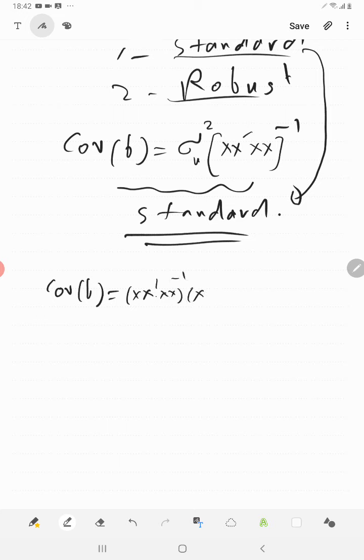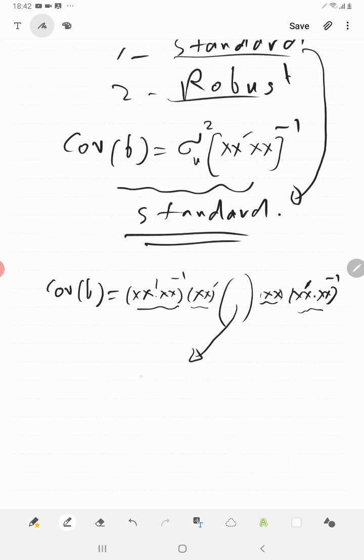Then we take X transpose, then we take X here, then we take X transpose X inverse. This one is the same as this one. Here X transpose, here X. Now this matrix here, we don't take the variance of the error, the sigma, directly.